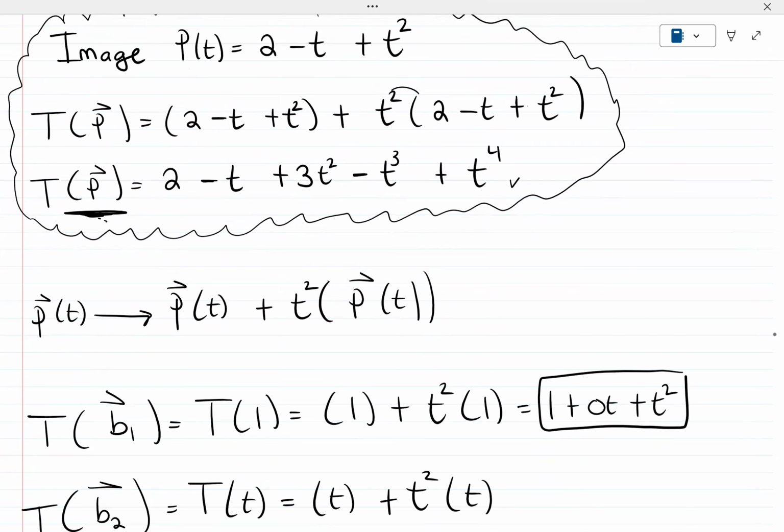They use this matrix, and wherever they plug in B1, which is basically 1, wherever you see a T, you get 1. So it's 2 minus 1 plus 3 times 1 squared minus 1 cubed plus 1 to the fourth, right? And this is what you get.